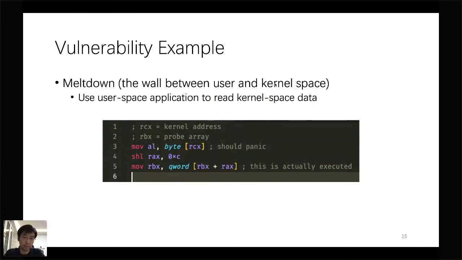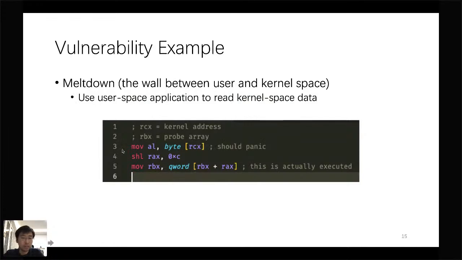The kernel space is the privileged space, and it holds much important information like your memory addressing and many other security-critical data. Its data should not be read by user space applications. But the Meltdown vulnerability can crack such isolation.